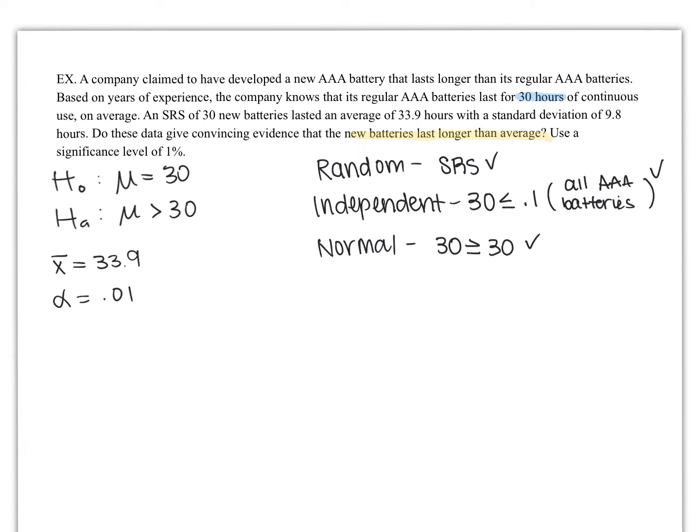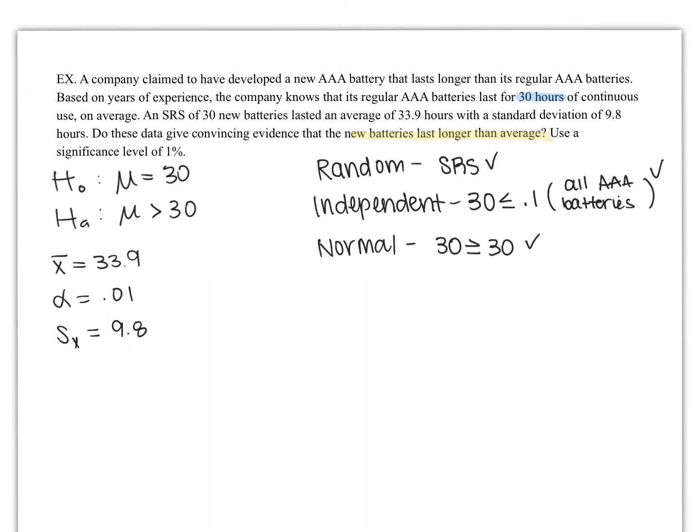So now I'm going to calculate my test statistic. So I have to decide whether or not my standard deviation is a sample or a population. And if I look back, it talks about how we did a sample of 30 batteries that had an average of 33.9 hours with a standard deviation of 9.8. So because that is based off a number of hours from our sample of 30, I know it's a sample standard deviation.